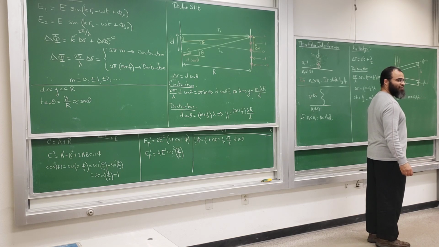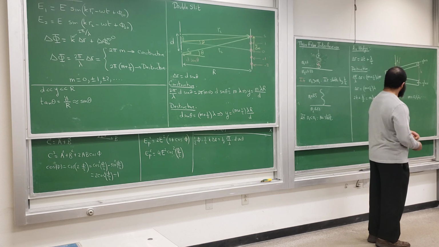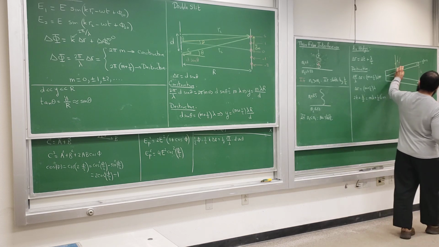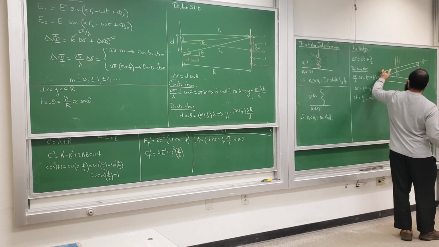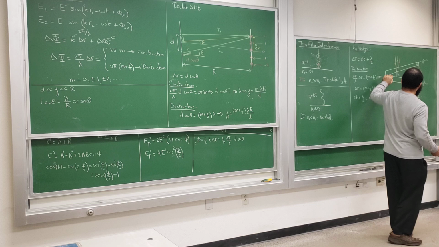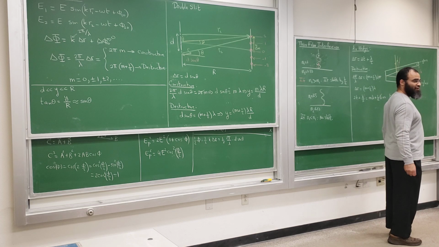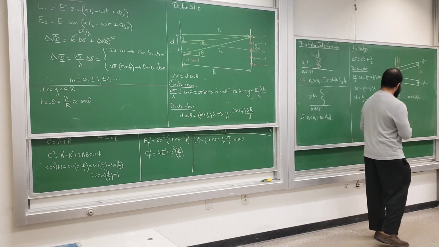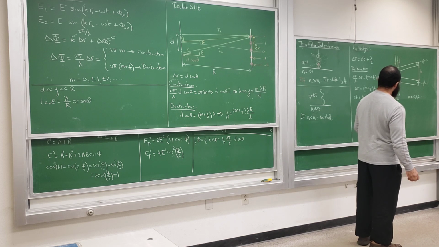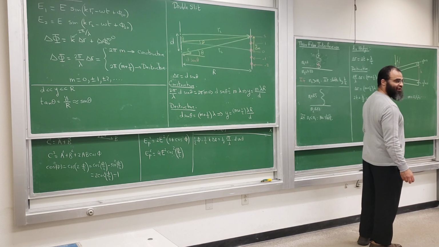No. T would be h all the way here, but all the way here, t is 0. T is this guy. You have the air wedge looking like this, right? So this part applies for destructive, right?